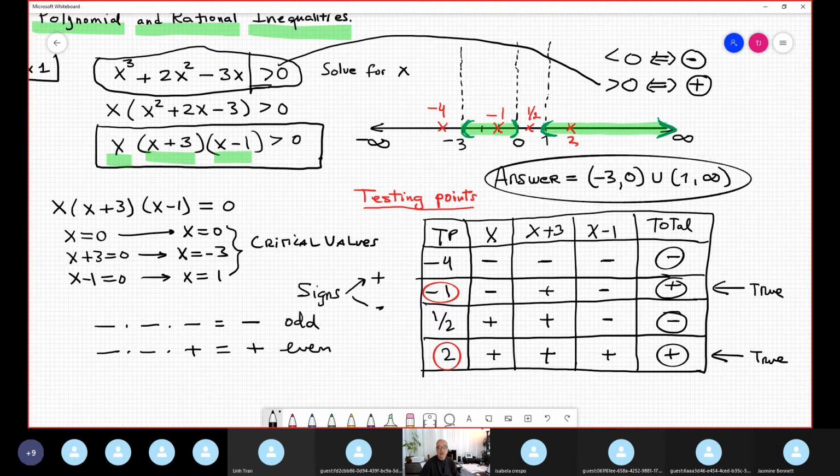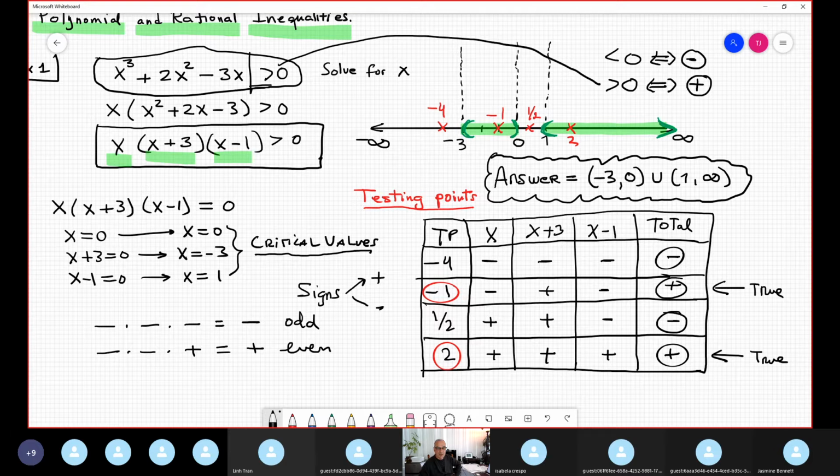Any question? Step by step. Factorization. Determine the critical value. Using the critical value, make a partition of the whole real number line. Selection of testing points.